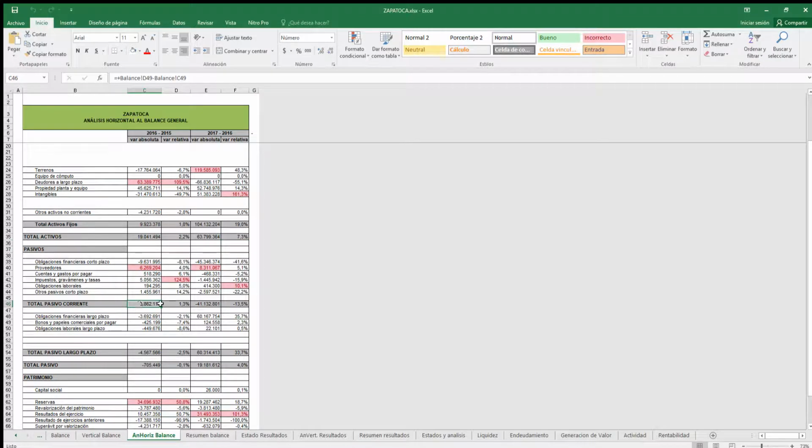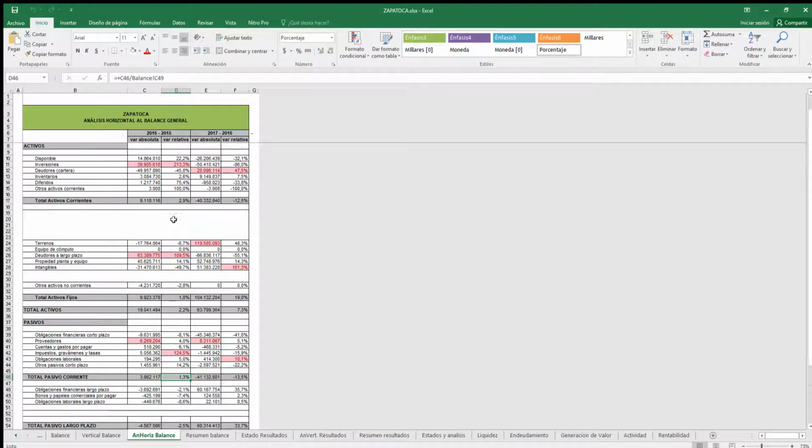As you can see, the process is to subtract the values of each year.